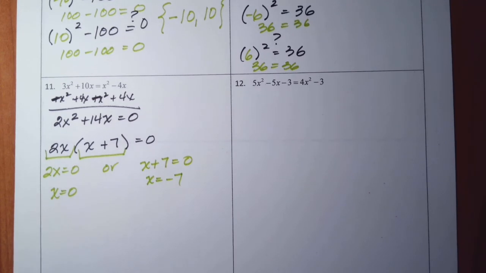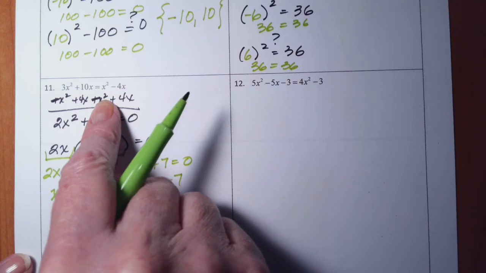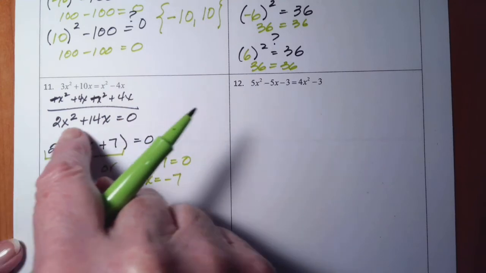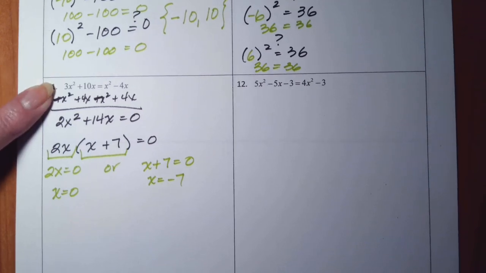Now, the main reason I go back to the beginning to check it is because what if I made a mistake here? What if I had not caught it that I should have subtracted instead of added? If I had checked it in here, it would have been okay, but I needed to go back to the original one. So I'm going to test the 0 first.